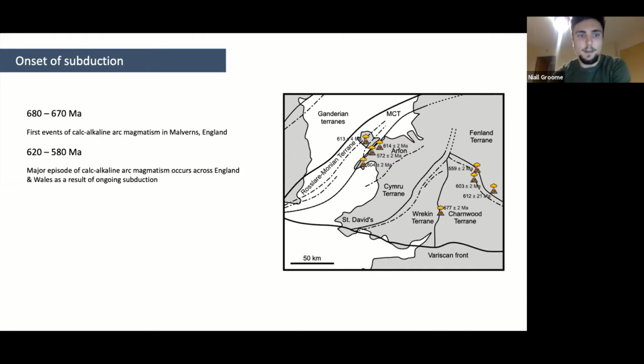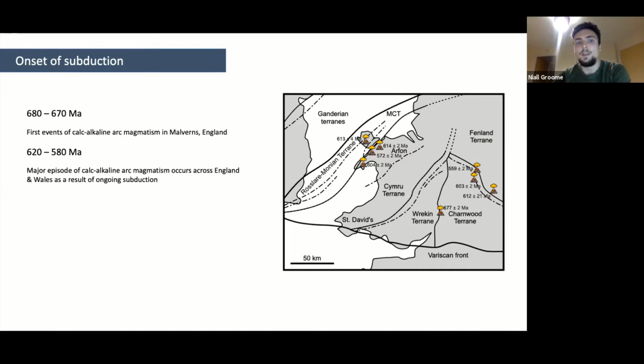And we get this first hint of magmatism. It's calc-alkaline, kind of granitic to intermediate volcanism, with an affinity for magmatic arcs. By using the geochemistry of these volcanics, we can determine where we'd expect that they formed from.